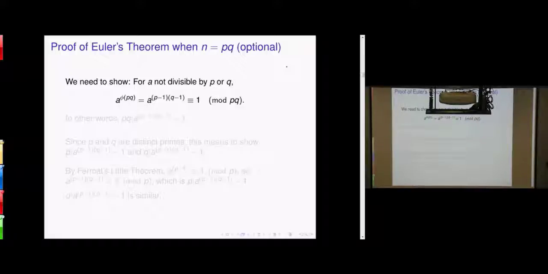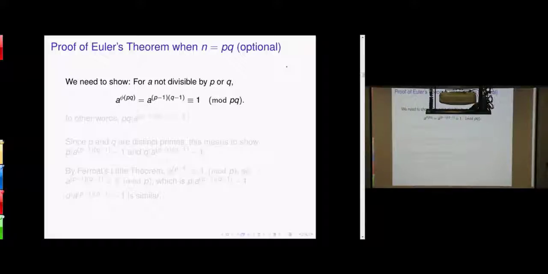The statement says if a is not divisible by p or q. Just now it says if a is co-prime with n, but n only has factors p and q, so this is the same as a being co-prime with n. If a and n have a common factor, it's either p or q, because n only has p and q as factors. So this is a translation of a and n being co-prime.